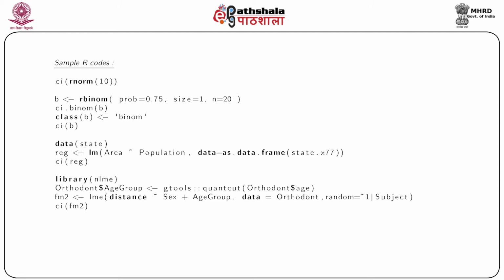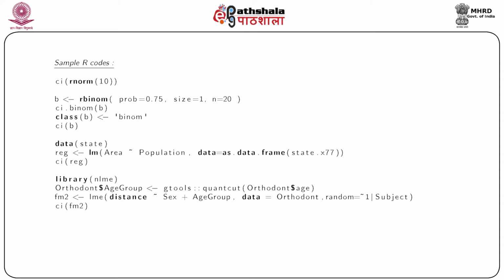So now class of B is defined as binom. So the ci of B will be giving us the coefficient estimate of the confidence interval of the estimate of the parameters. So now let us look at the data set state.